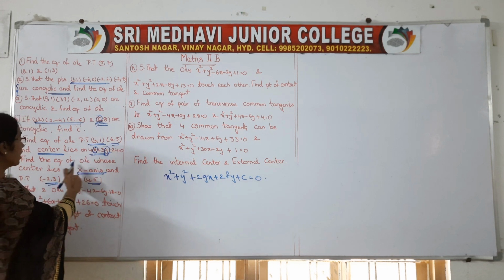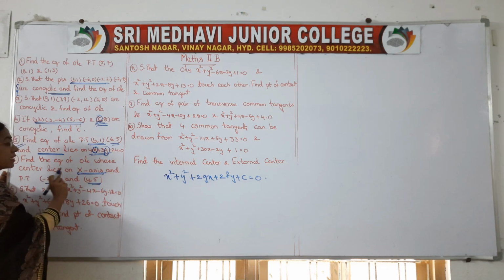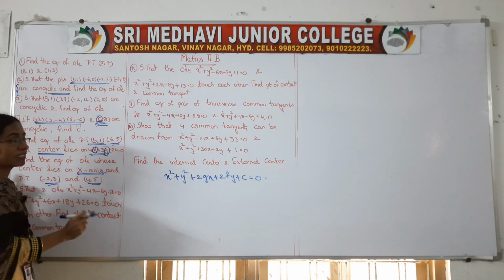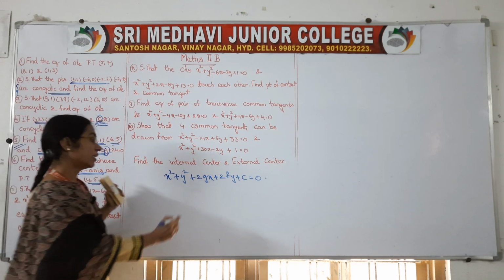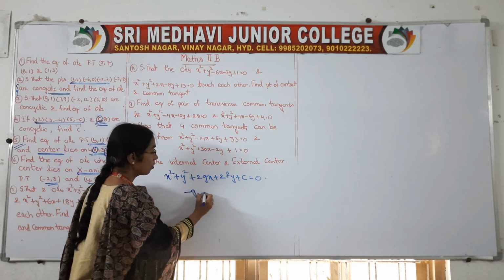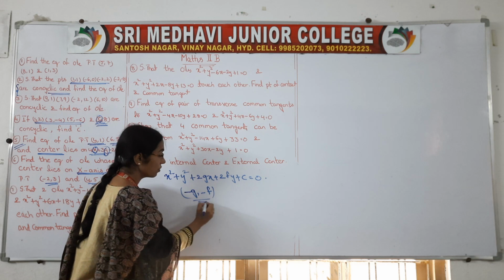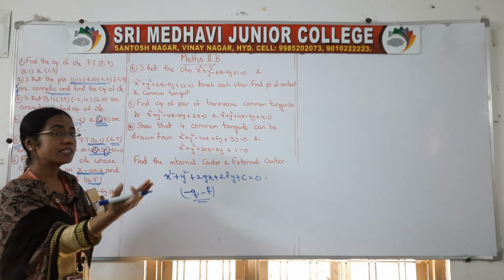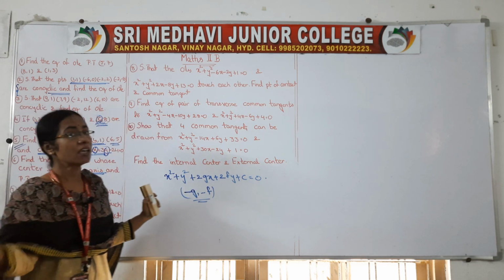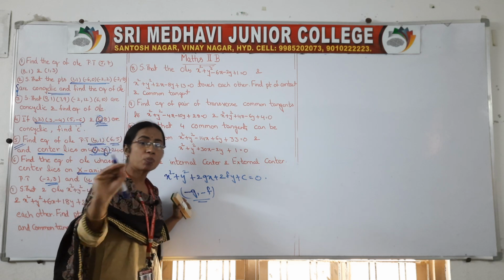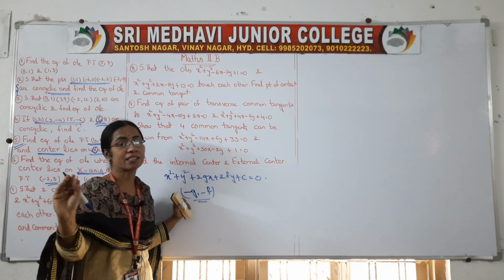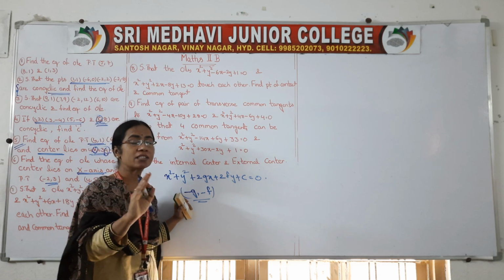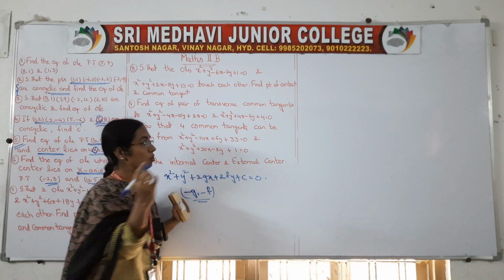So it is given that the center lies on x-axis. What is its center? Its center is minus g, minus f. This center lies on x-axis. So if you take any point on the x-axis, its y coordinate is always equal to 0, isn't it?